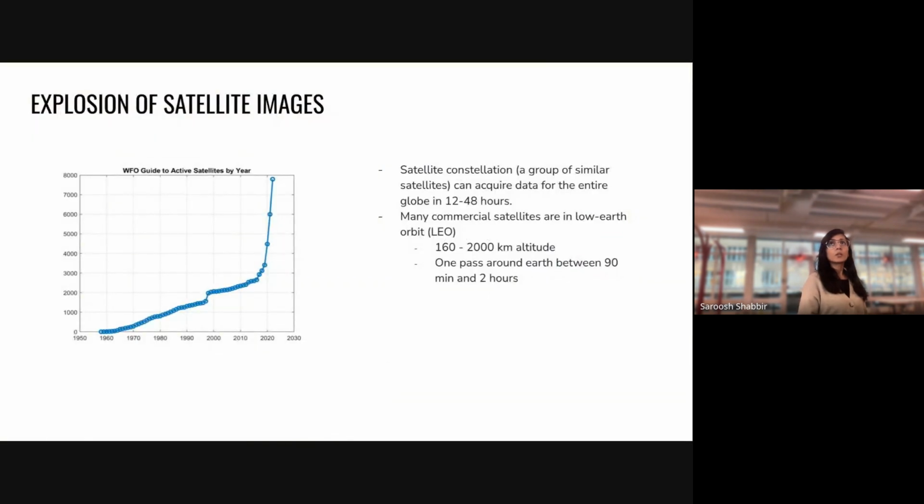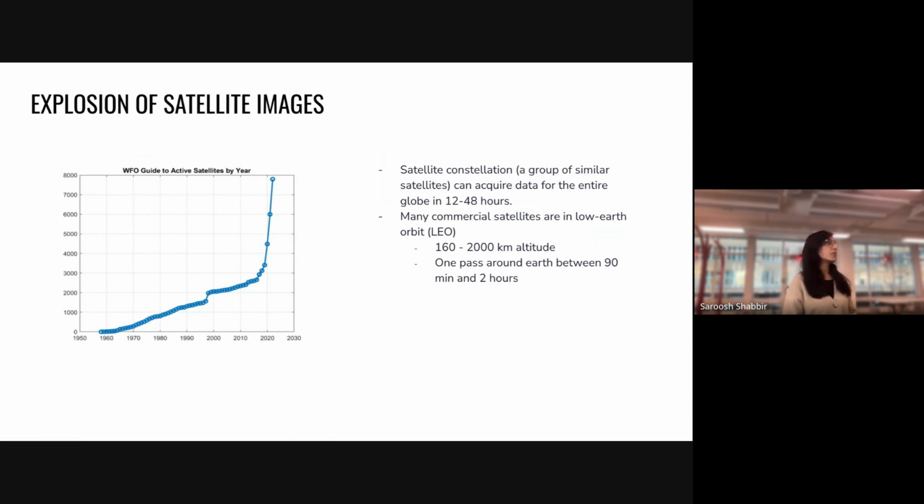So why do we care about this? First of all, there's been an exponential increase in satellite data recently, as you can see. So we are acquiring more and more images, Earth observation images, and it's becoming more and more vital to be able to do some sort of almost real-time analysis of the data to be able to take action on relevant domains.